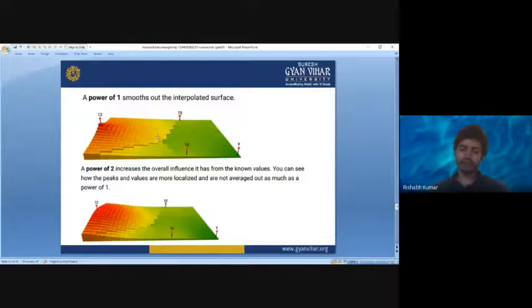The closer the points are, the more influence they have at a particular location compared to when n was equal to 1. Closer locations have more influence on your prediction location when your power is increased.